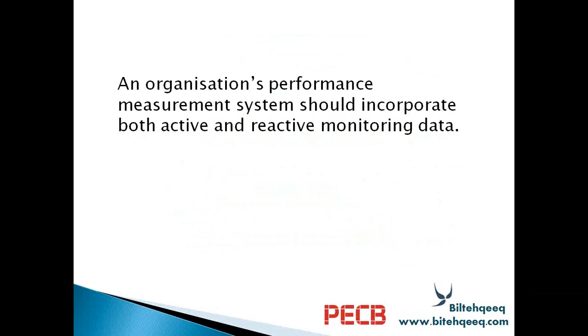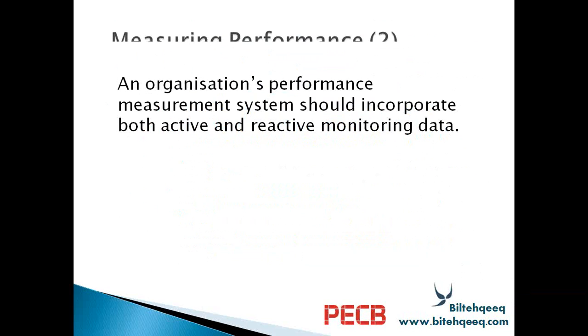If you see this slide, an organization's performance measurement system should incorporate both active and reactive monitoring data. So for the proper implementation of the occupational health and safety management system in the organization, we have to consider both active and reactive monitoring of data.